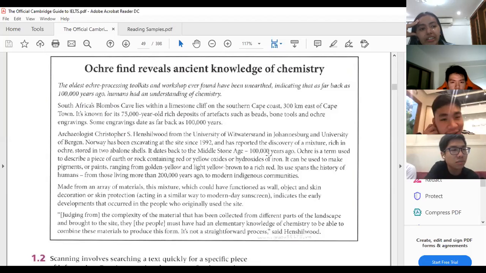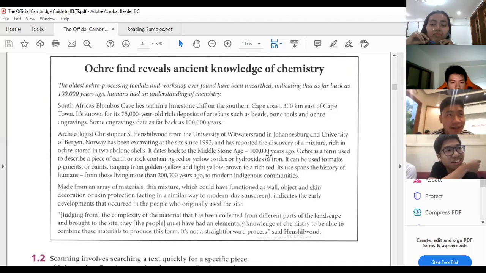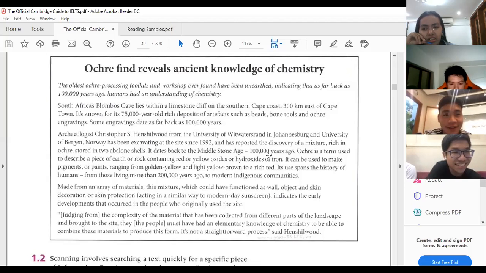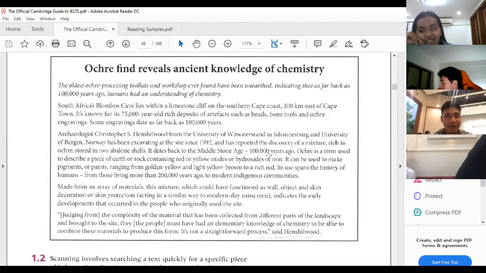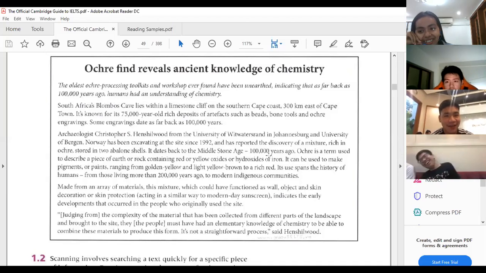What information is that? Is it just a number? The oldest process toolkit.